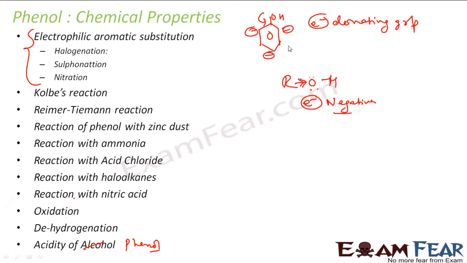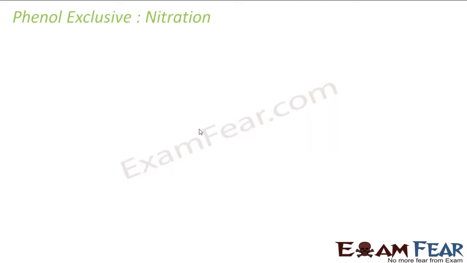Why? Because it has a lone pair. So please keep this difference in mind. The same OH, when it is part of an aromatic ring, gives electrons. When it is part of an aliphatic hydrocarbon, it withdraws electrons. This is because of the lone pair, and this is because of the electronegativity difference.